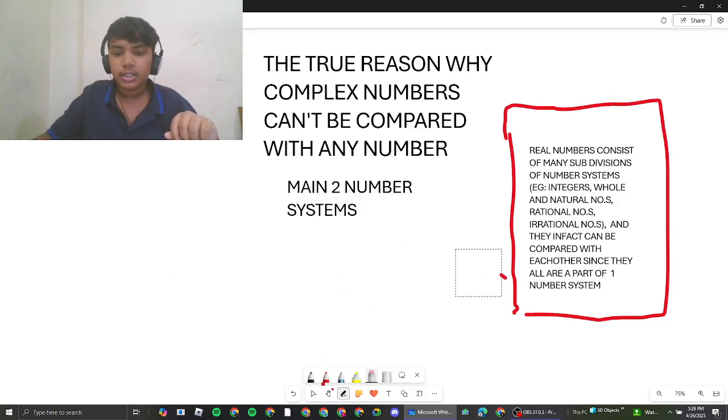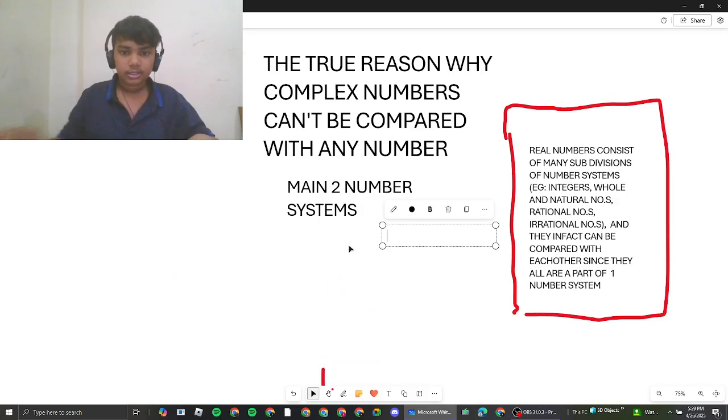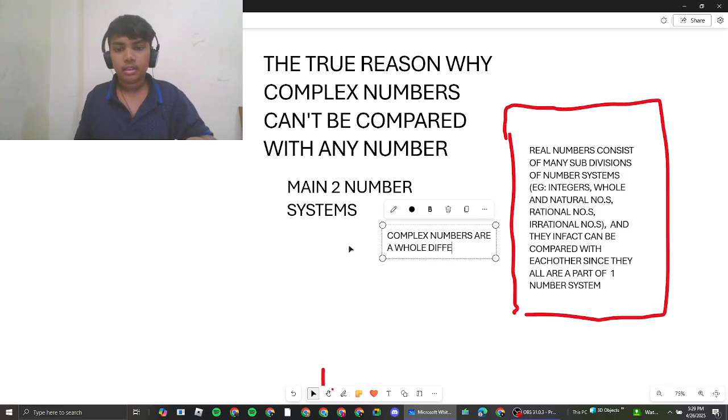See, complex numbers are a whole entire group.